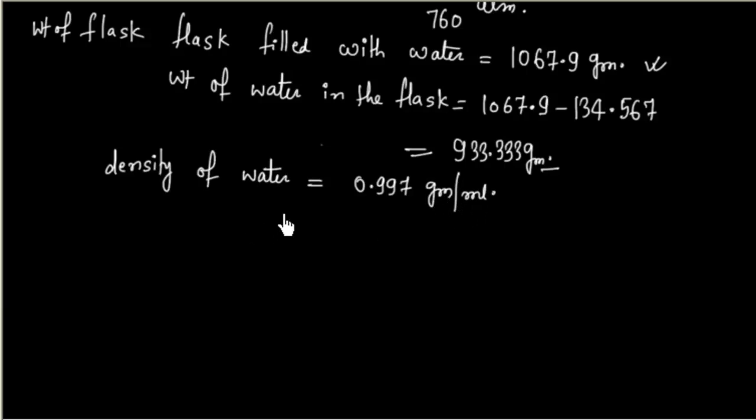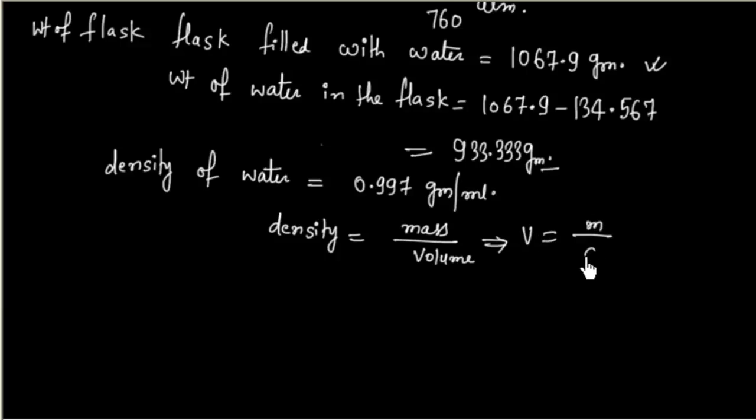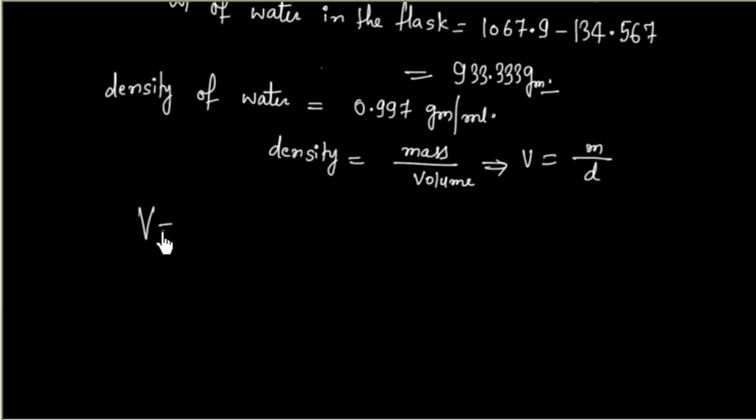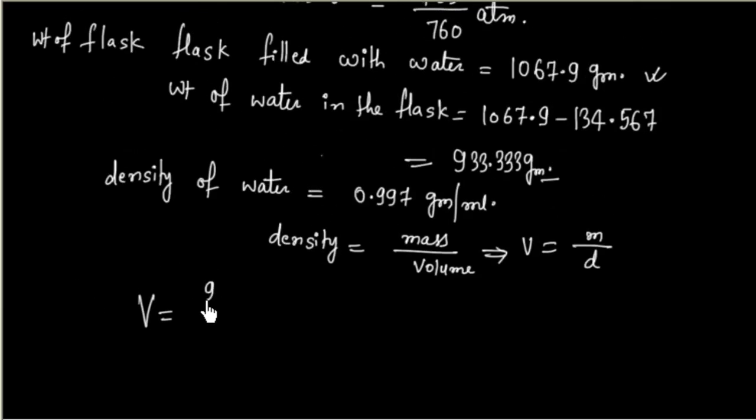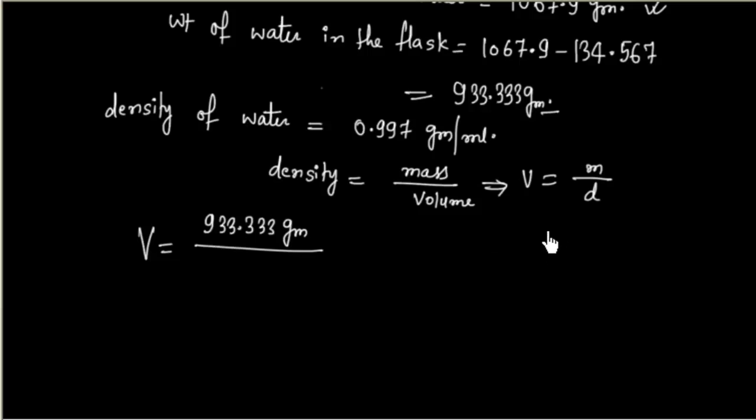So we can use the formula density is equal to mass by volume to calculate the volume. So from here we can write volume is equal to mass by density. So the mass is 933.333 gram divided by the density, 0.997 gram per ml. So we will have volume in ml.